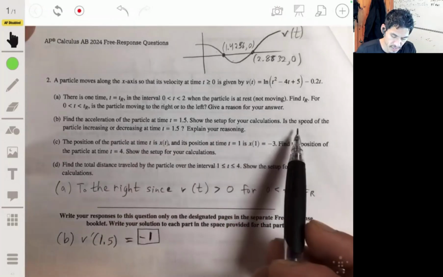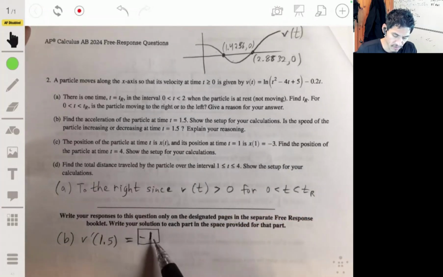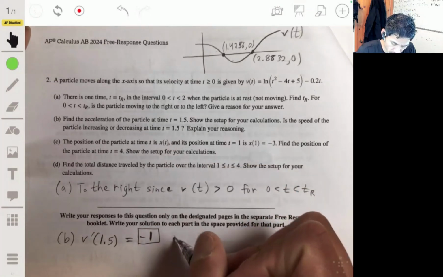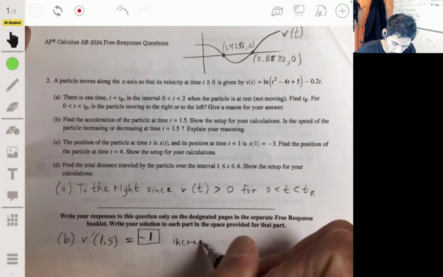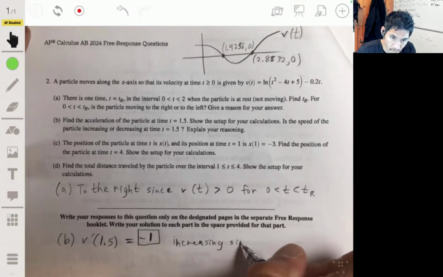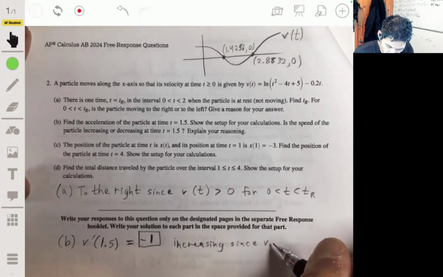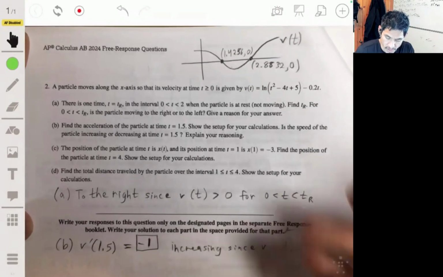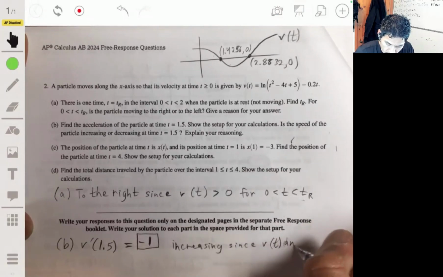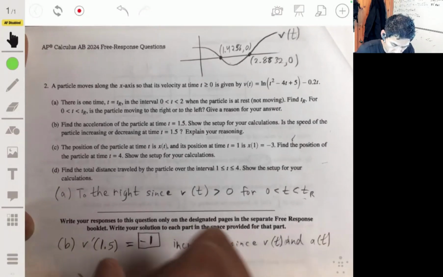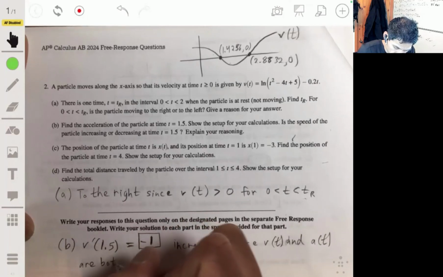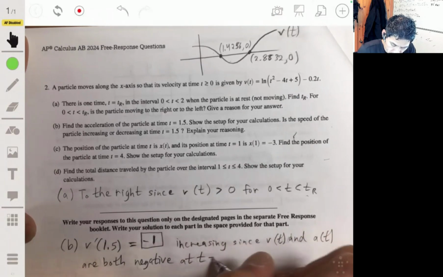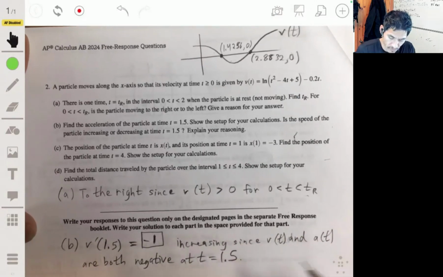It's increasing because velocity and acceleration are both negative at t equals 1.5. Well, not that this is being graded, but since v of t and a of t are both negative at t equals 1.5.